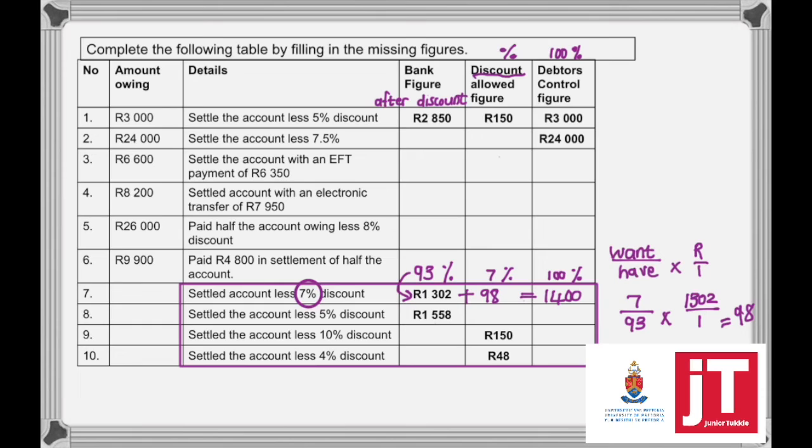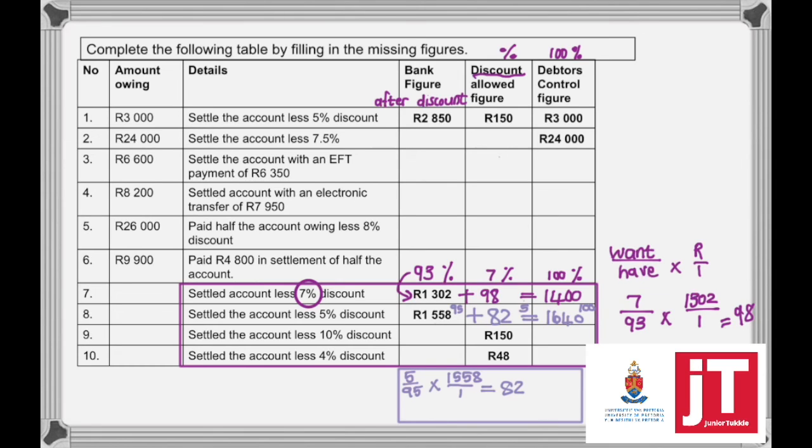The other way you can do it is to quickly write down the percentages in the top left or right hand corner. Settled less 5%, so that 1,558 is 95%. Discount is 5 and the full amount owing is 100%. So yet again, what I want over what I have times the Rand value gives me the discount of 82, added to the amount paid to get 1,640.